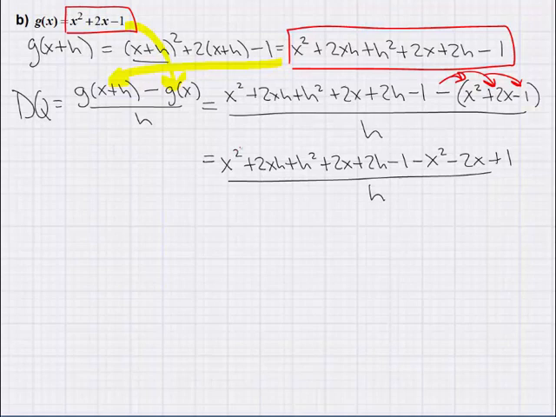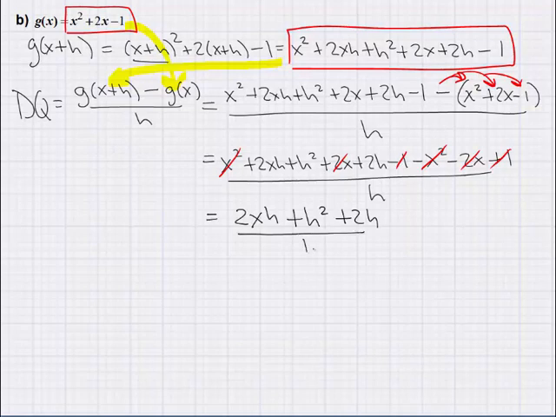Well, guess what? x squared minus x squared cancel. 2x minus 2x cancel. Minus 1 plus 1 cancel. Look at what we have left. 2xh plus h squared plus 2h all over h.